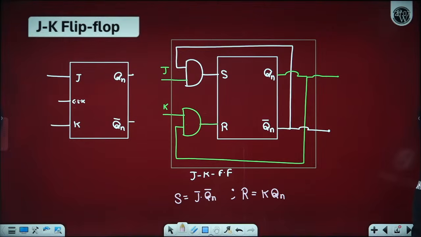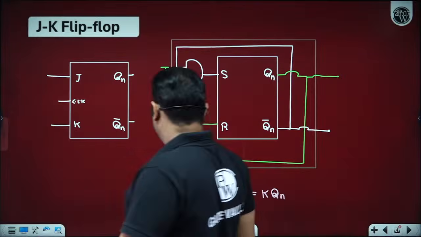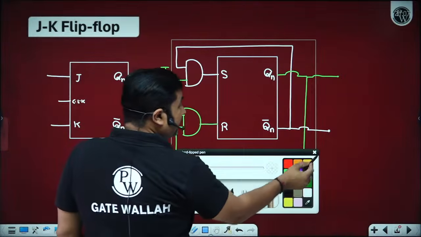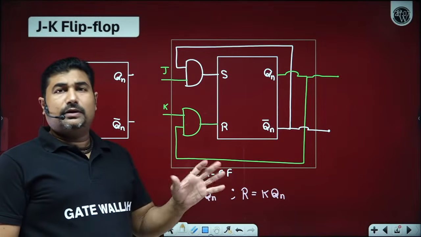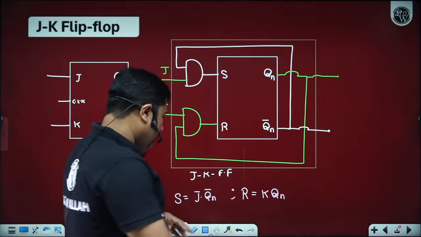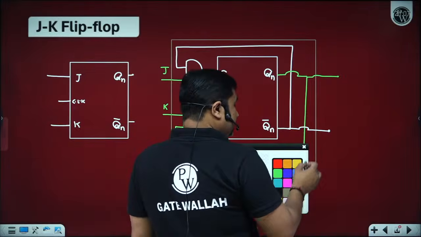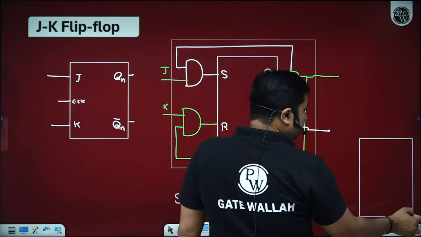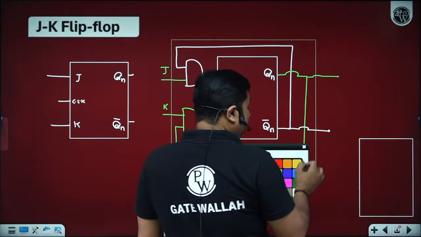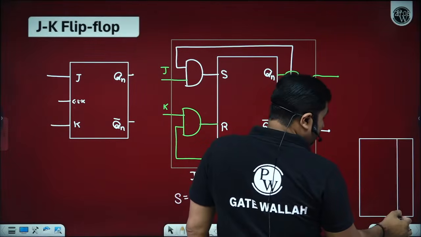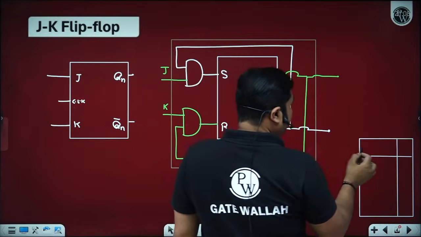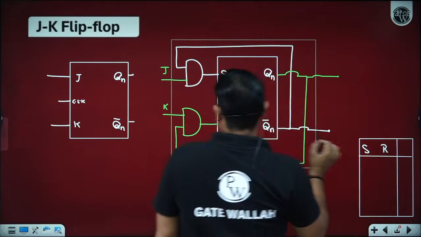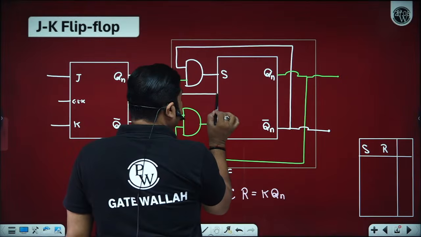So in order to understand the JK flip-flop, we need to construct the truth table. We all know about the truth table of SR flip-flop, hoping all of you remember. I am just making a rough of the truth table of SR flip-flop at the corner. Please observe here. In case of SR flip-flop, we have a clock as well.